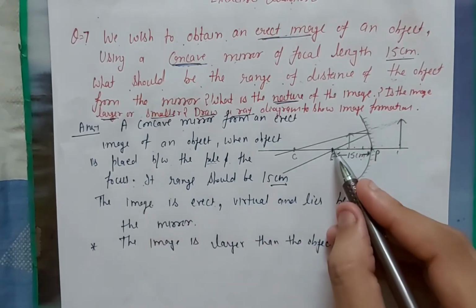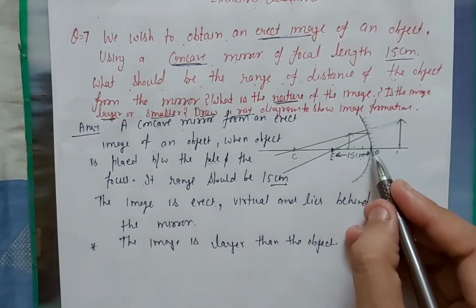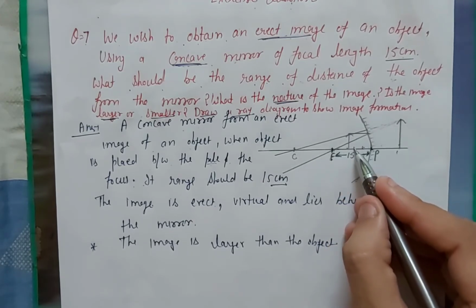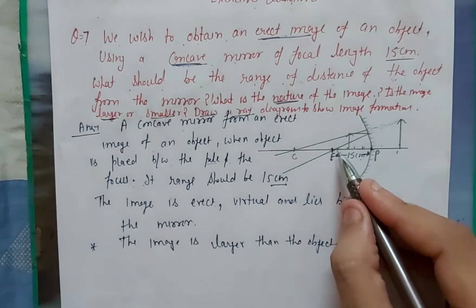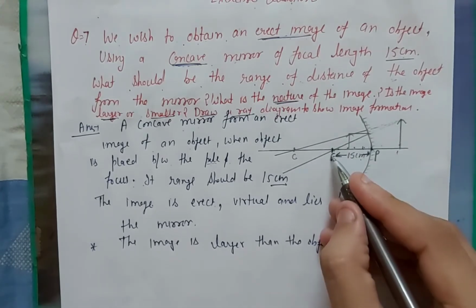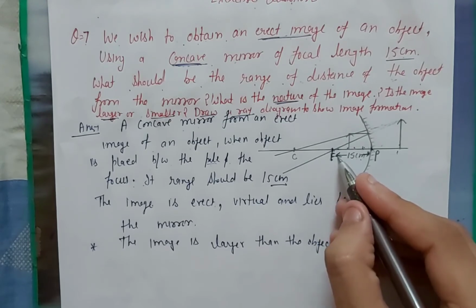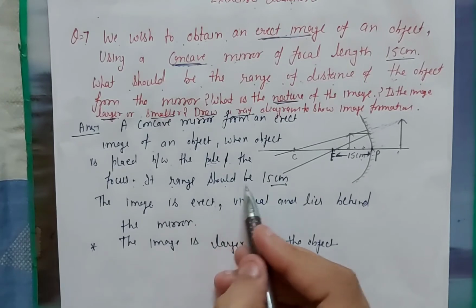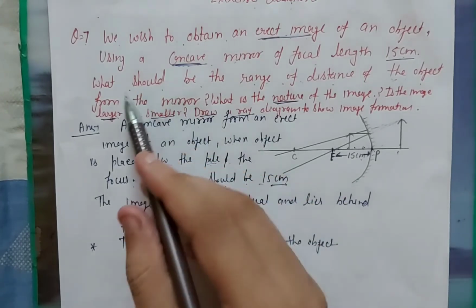So we can put our object anywhere between the pole and the focus. So the maximum distance is 15 centimeter. We can put it from 0 to 15 centimeter. So its range should be 15 centimeter. This is the answer.